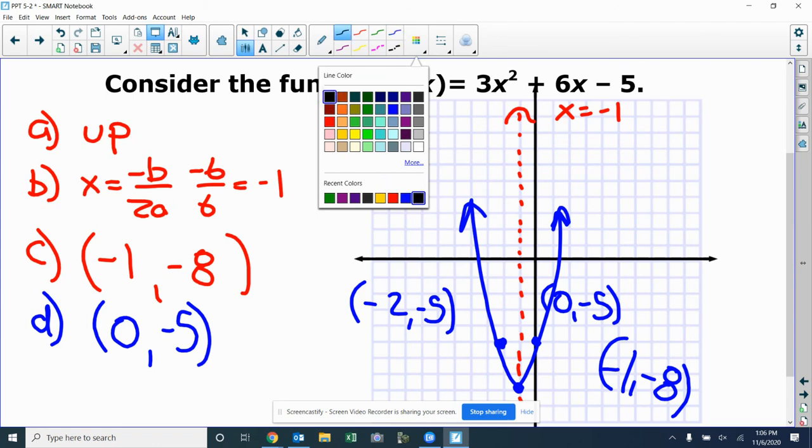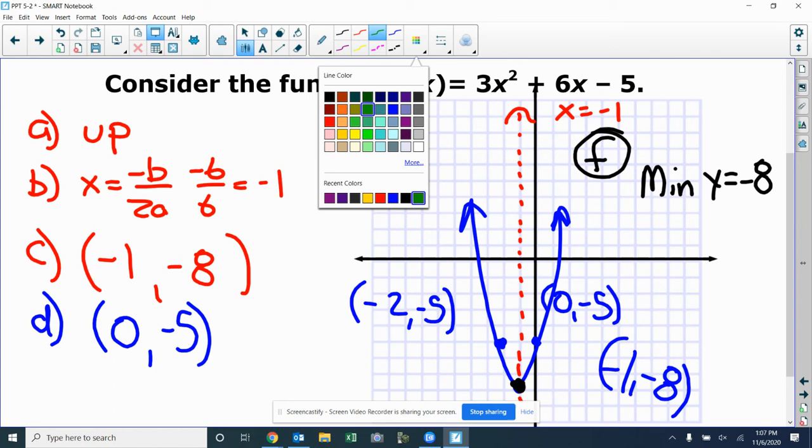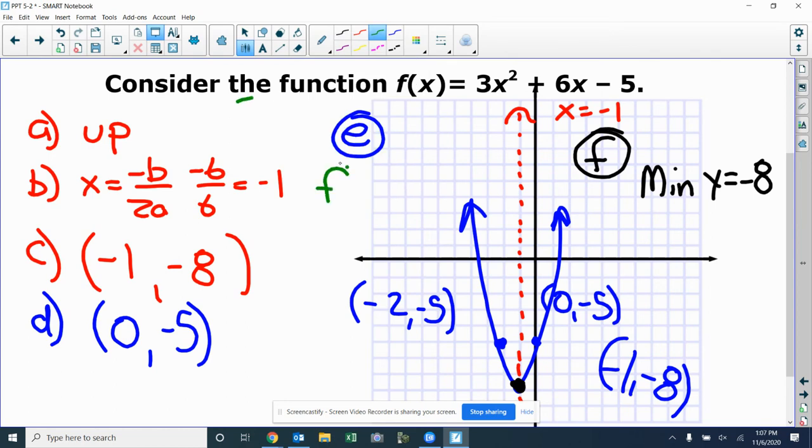Now today's. What is it? F, is it a max or a minimum? Okay, it's a minimum down here. And my y value there is y equals -8. I'm down to my last thing, which was G, domain: x such that x is an element of the reals.